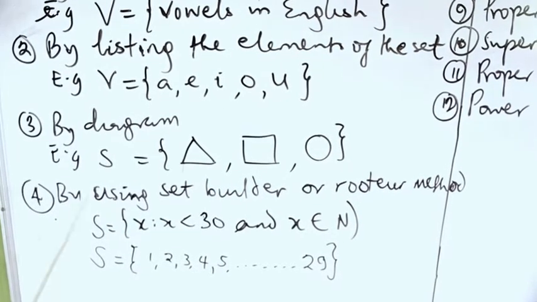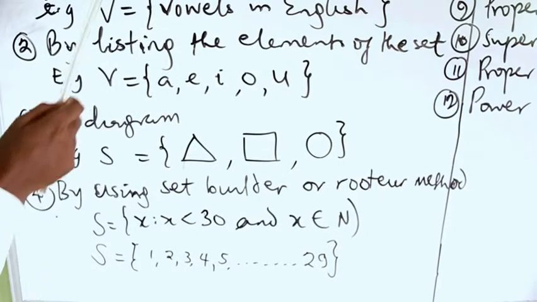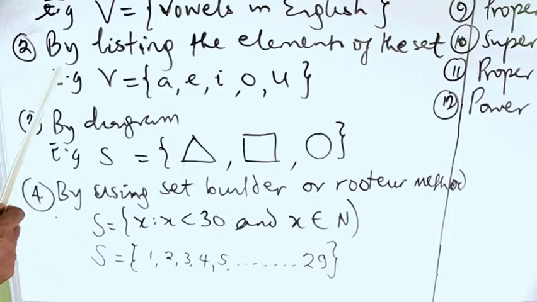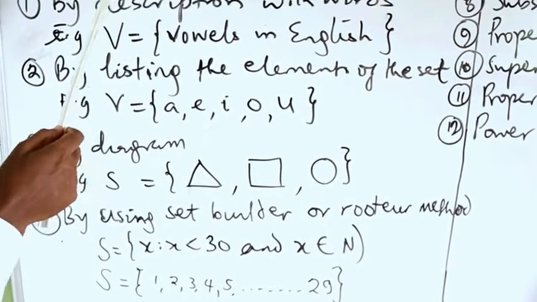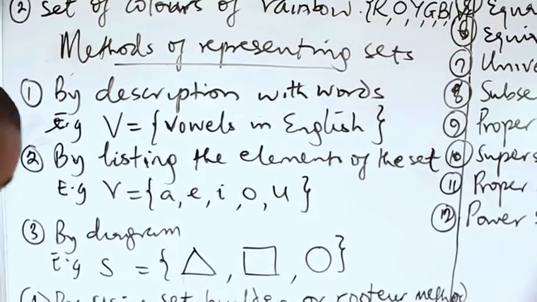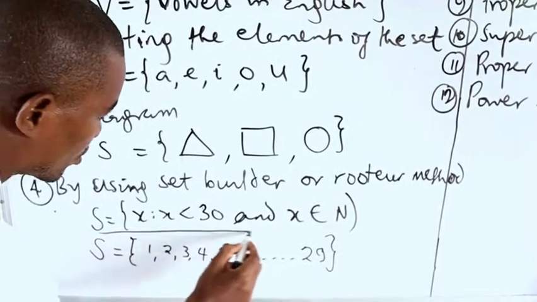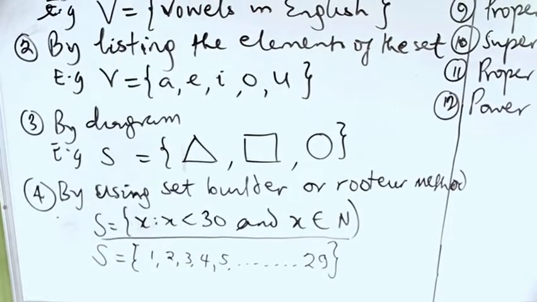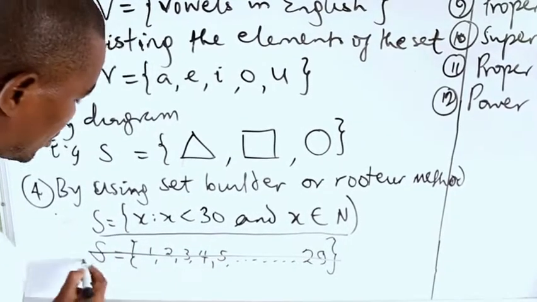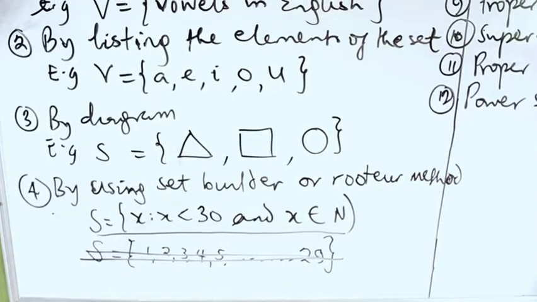If you want to represent set using set builder, this is what you write. If you write it like this, you are using listing method of representing set. So not this. This one is the use of listing method.